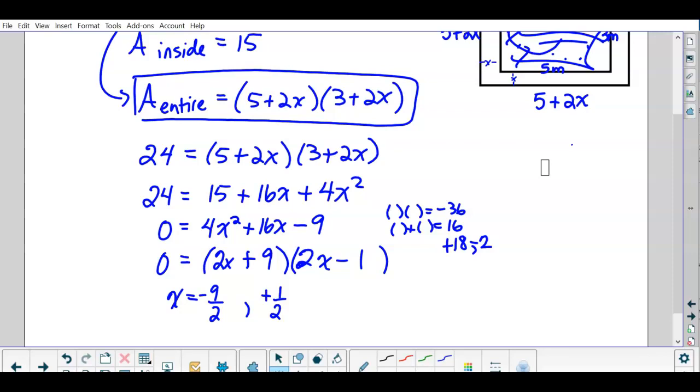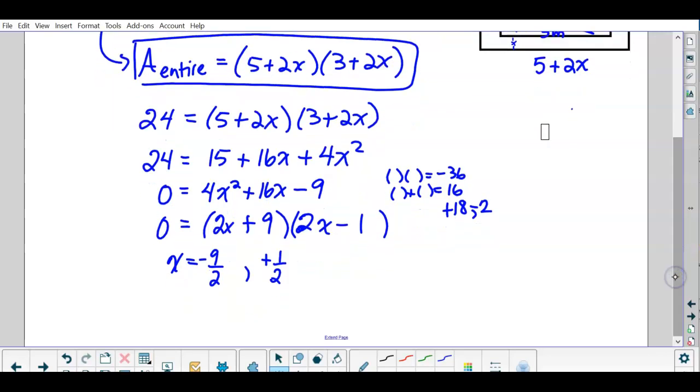Okay, so check both of them and see what makes sense. Does it make sense to have a negative width of the border? Any dimension? No. Okay. So this is going to be, we call it inadmissible. It's not extraneous, it's not extra. It's inadmissible because it doesn't make sense for an application question.